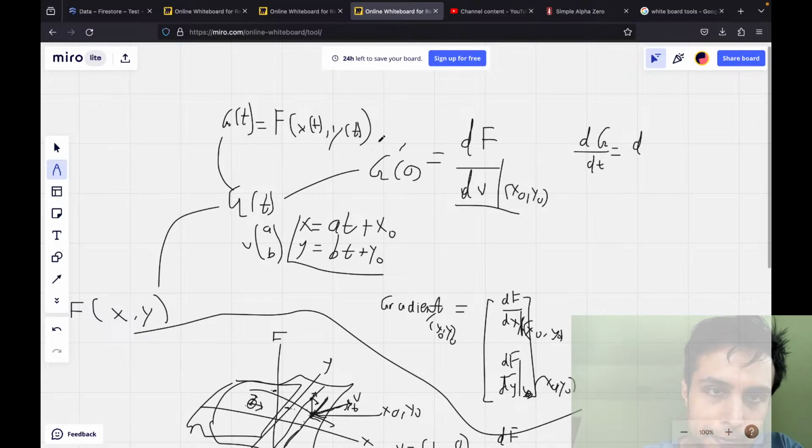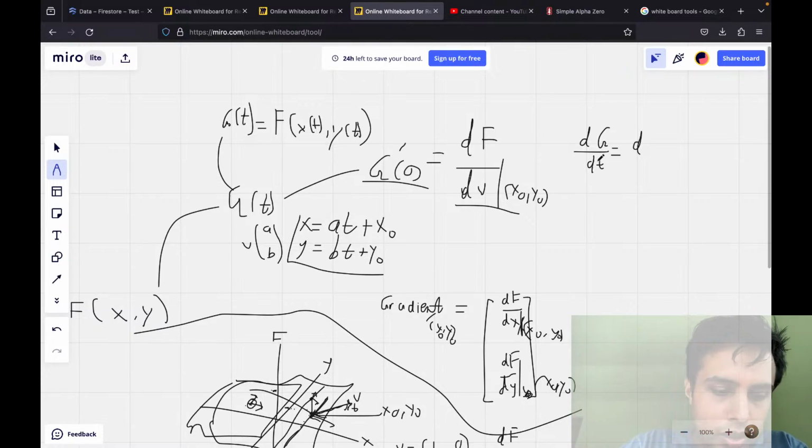Whereas g of t generalizes it, not just the x direction or the y direction, but any t using this parametrization, and gives us the change in f by a little step of t. So we want to solve dg dt, a function of t, but more specifically we want it at 0, because at t equals 0, the point we are at is just x naught, y naught.